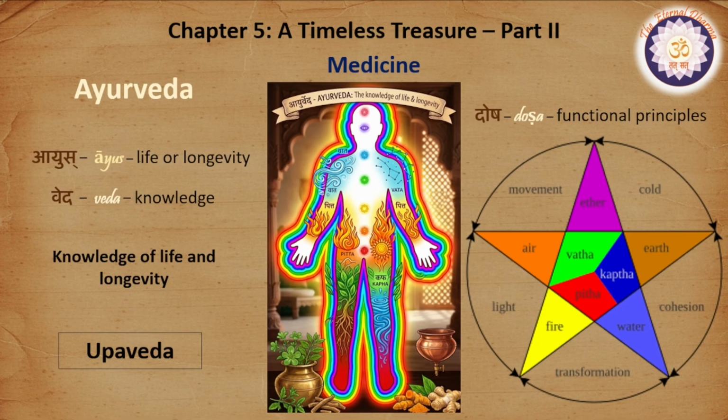These are Vata, Pitta, and Kapha, often associated with movement, transformation, and structure, respectively. Each dosha embodies specific qualities and functions, and their balance is influenced by internal metabolism as well as external factors like seasons and daily cycles.